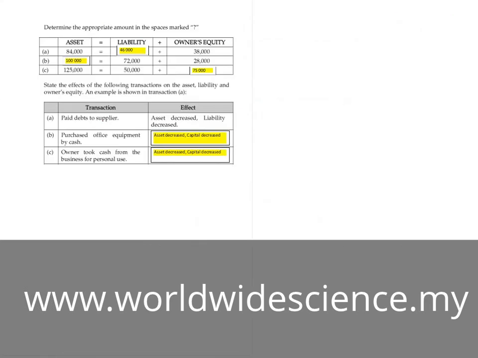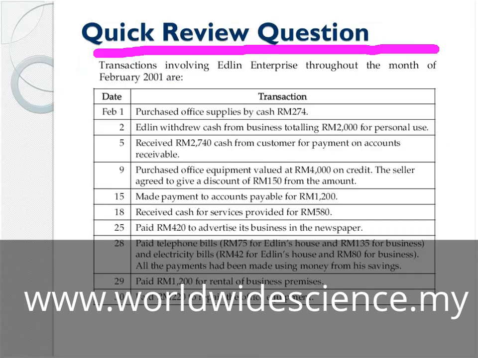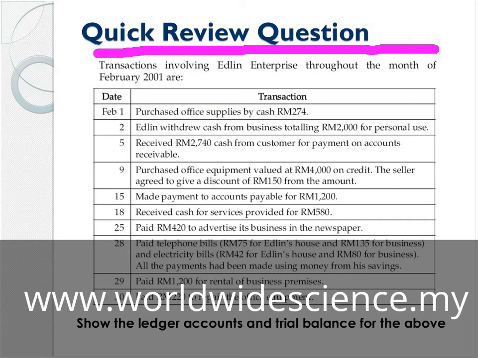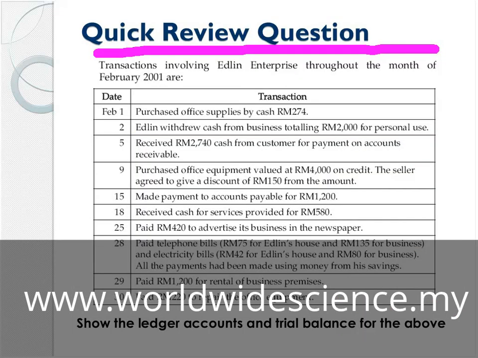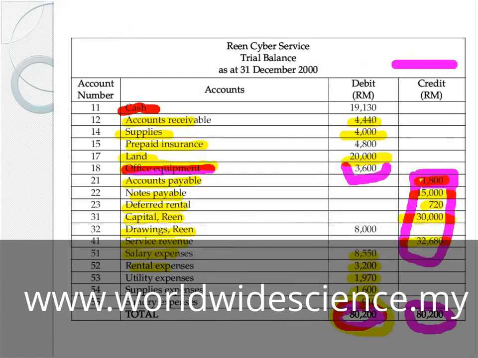And your homework is the trial balance. You remember the quick review questions. You must understand how to balance your transactions, where to put them on the trial balance, to prepare the trial balance for Edlin Enterprise, where to put items on the debit or credit side, and your debit and credit sides must be equal.